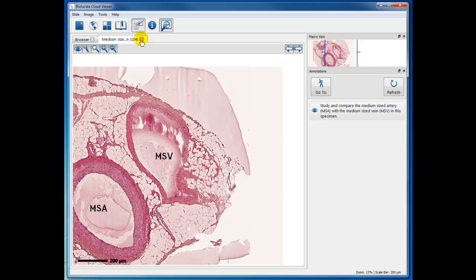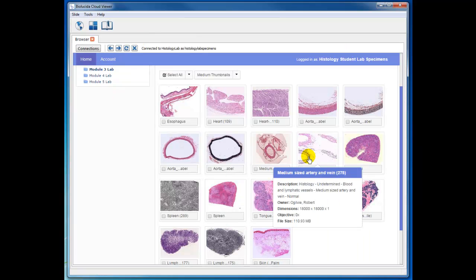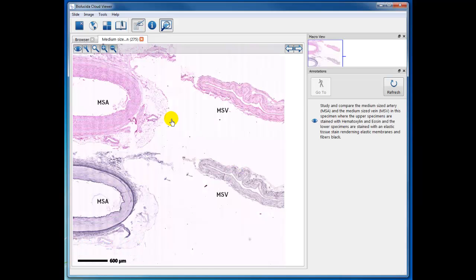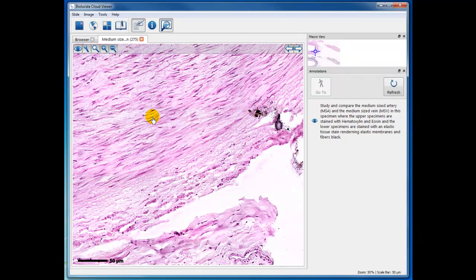Now let's go on to the other specimen, which presents these stained with H&E on the top here, medium-sized artery and medium-sized vein, and below it's elastic stain. And you can see in the one above all the smooth muscle cells, and some of the gaps here would be some connective tissue and some elastic fibers.